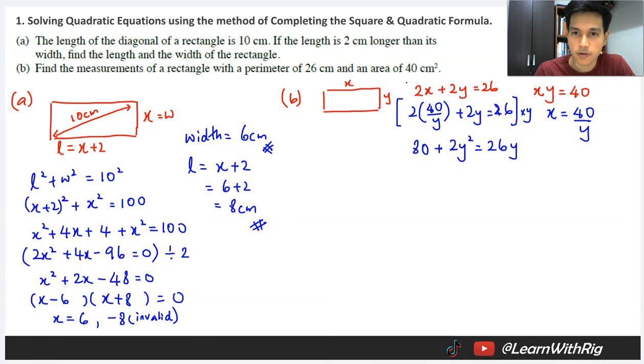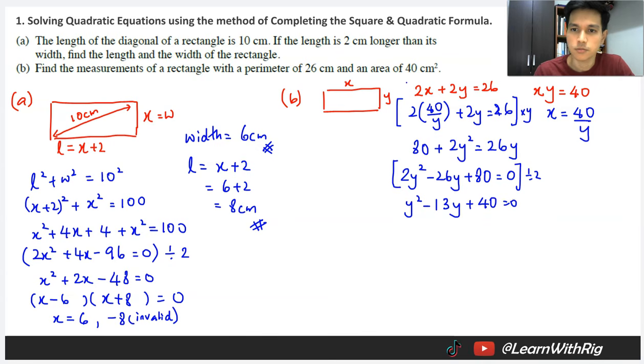You just have to simplify it, arrange it. So 2y square minus 26y plus 80 equals to 0. So same thing, you can actually simplify this by dividing all of the numbers by 2. Okay, so you get y square minus 13y plus 40 equals to 0.